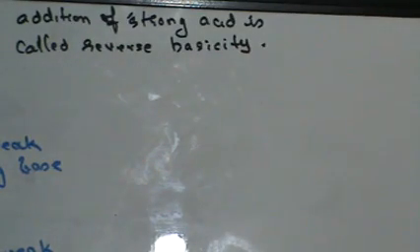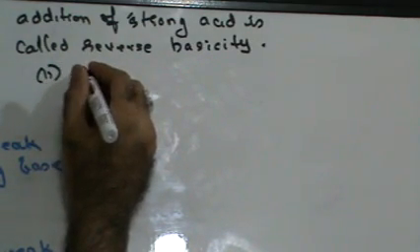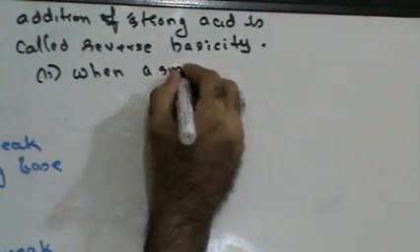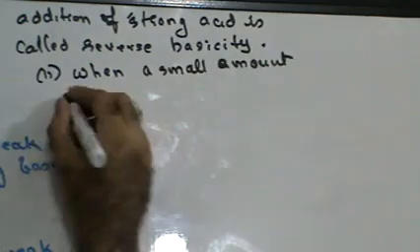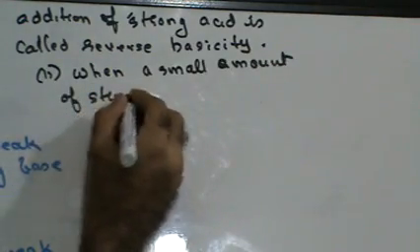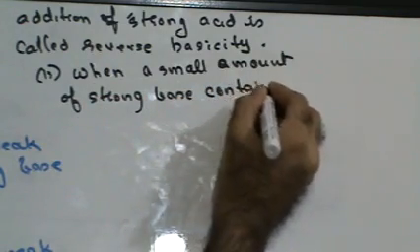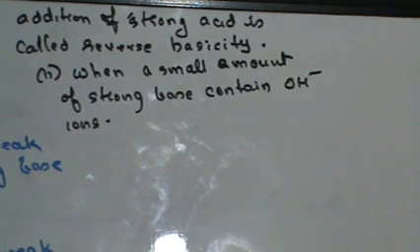Now, this was when acid is added to a buffer solution. What if a base is added to a buffer solution? Case 2. When a small amount of strong base containing OH ions is added to the solution.